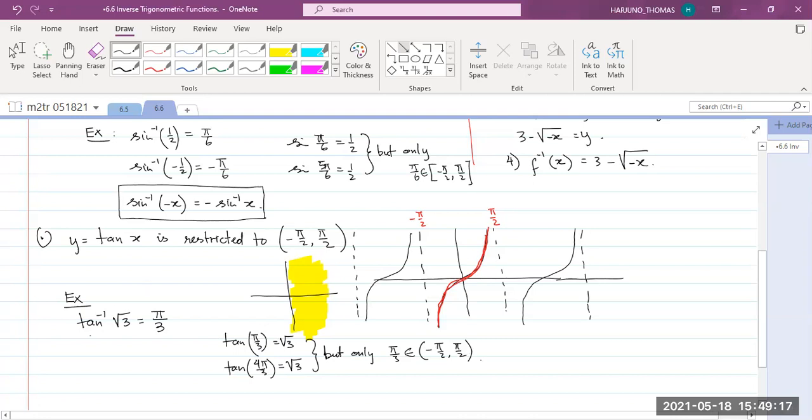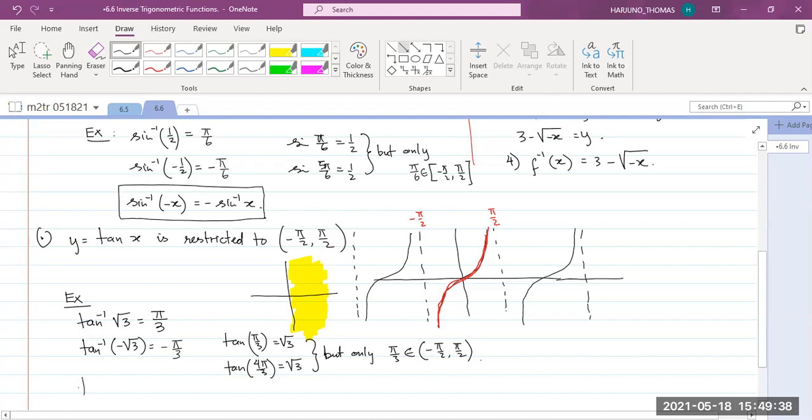Okay, now the good news is, since tangent is an odd function and they purposely use that kind of window, we can make use of the fact that tangent inverse will also be an odd function.